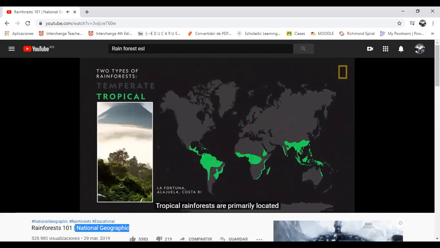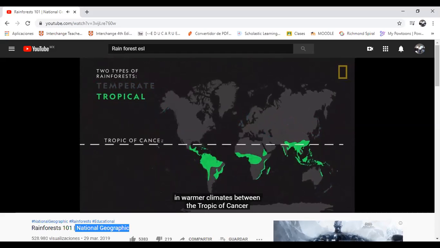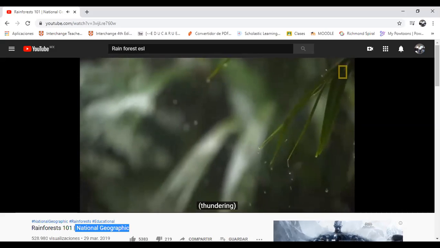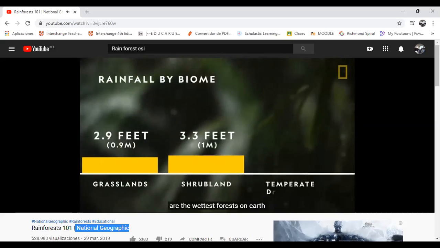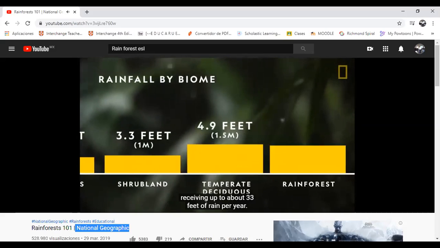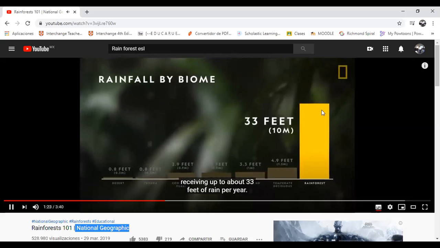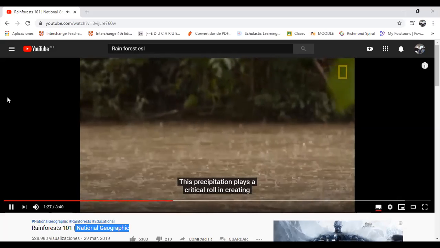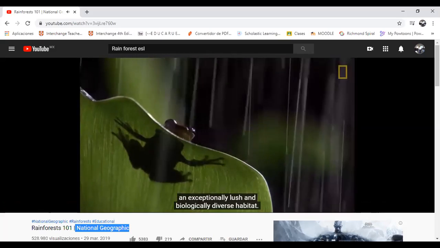Tropical rainforests are primarily located in warmer climates between the Tropic of Cancer and the Tropic of Capricorn. As their names imply, temperate and tropical rainforests are the wettest forests on Earth, receiving up to about 33 feet of rain per year. This precipitation plays a critical role in creating an exceptionally lush and biologically diverse habitat.